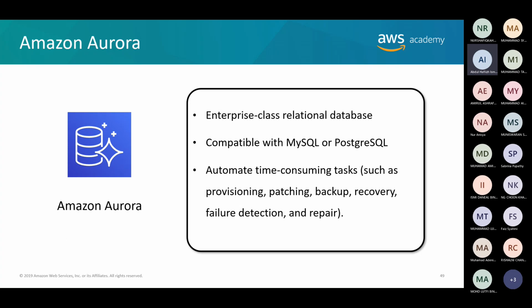Using Amazon Aurora can reduce your database costs while improving the reliability and availability of the database. As a fully managed service, Aurora is designed to automate time-consuming tasks like provisioning, patching, backup, recovery, failure detection, and repair. So it's still a fully managed service, meaning we do not need to think about patching or provisioning to make it faster, it is all done automatically by Amazon.